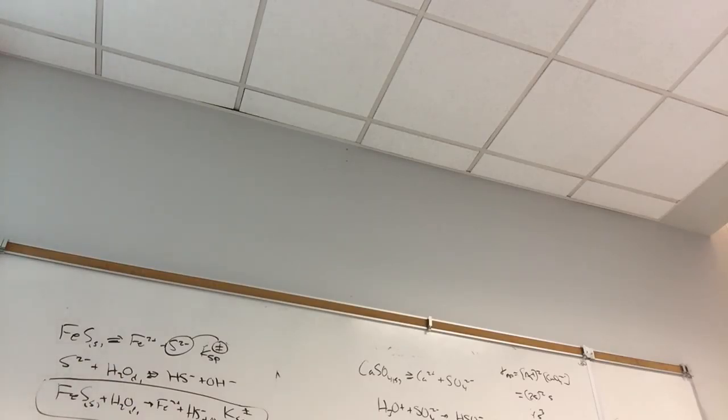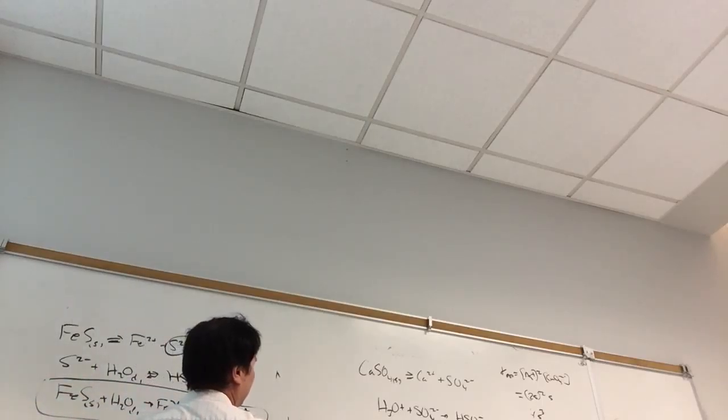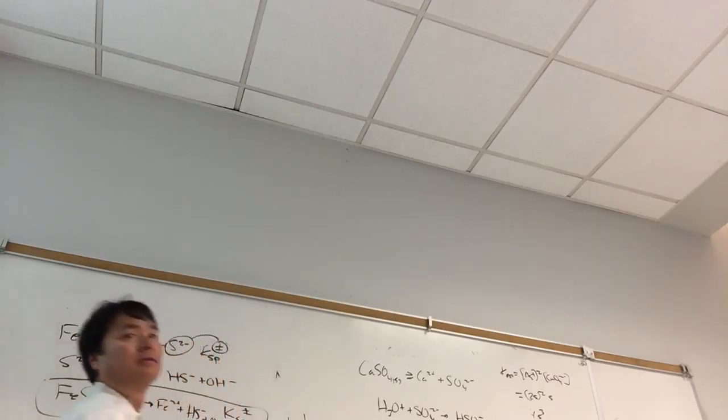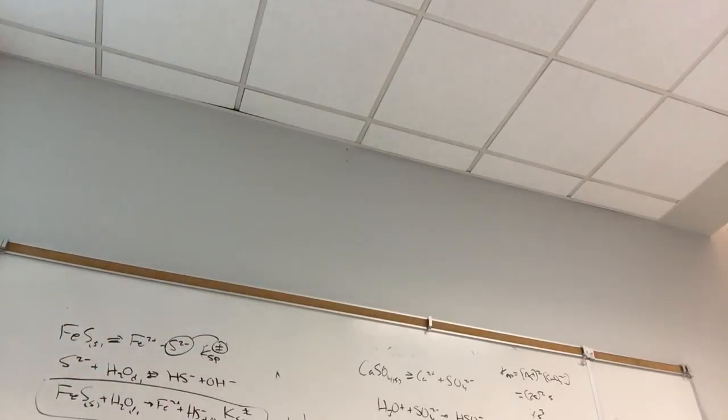And so when you look at a chart of Ksps, they're just warning you. For example, in Appendix D, rather than double dagger, they use the footnote B. And so they call it Ksp B in Appendix D. In other charts, it's called Ksp double dagger.